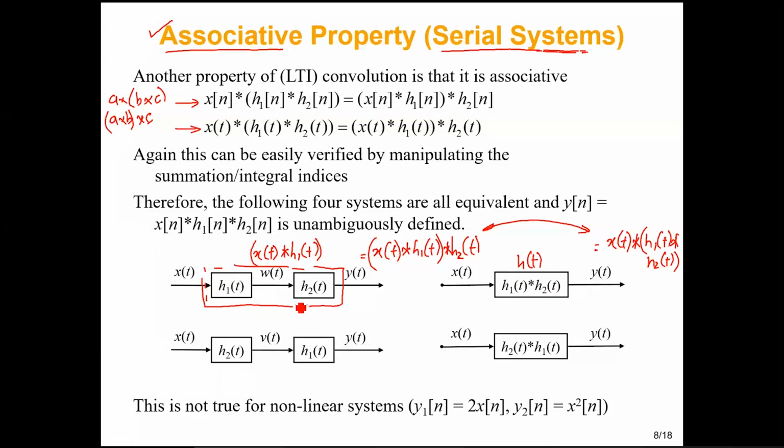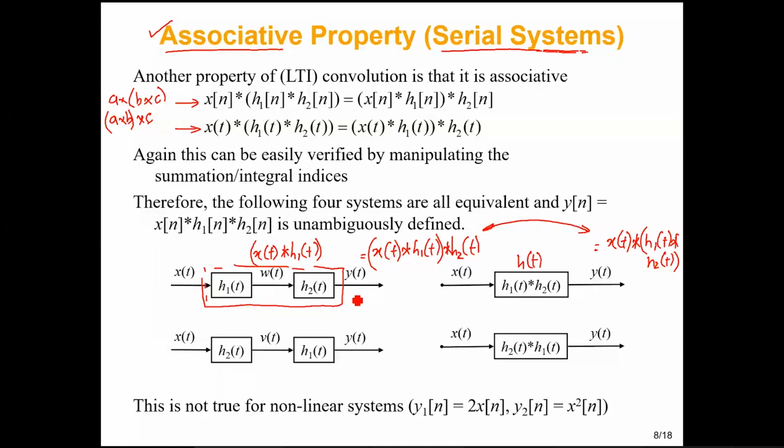Again, this is true for continuous time and discrete time, and you will see that even the order doesn't matter. We can take h2 first and h1 later, either h1 with h2 or h2 with h1. It will all give you the same result. The order of the systems doesn't matter, and the order in which we do convolution also doesn't matter. So we can simplify this into this, or this into this.